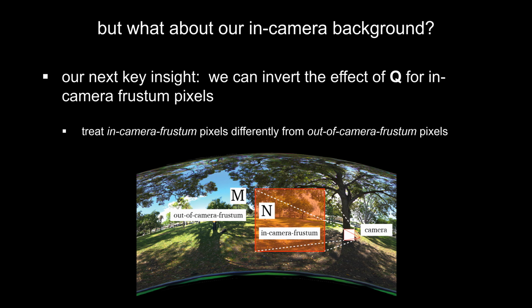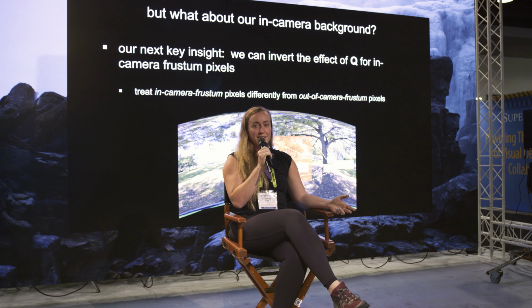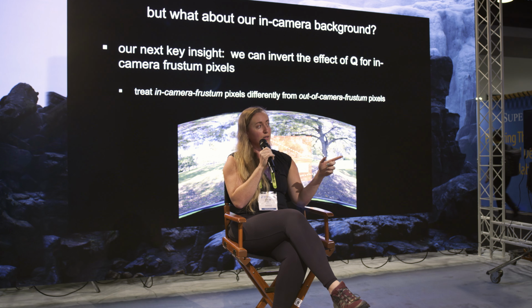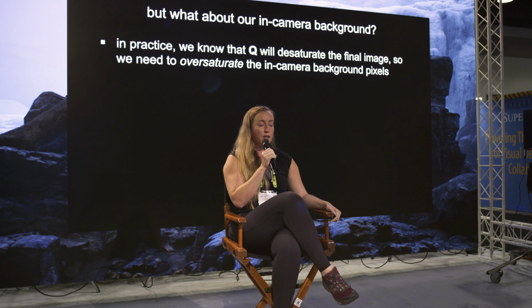So our key insight here is that we can apply a different matrix to in-frustum versus out-of-frustum content. And so our in-frustum matrix can essentially expect that it's going to be post-corrected and deal with that as part of the calibration process. In practice, we know that our post-correction matrix Q is going to desaturate the final image.